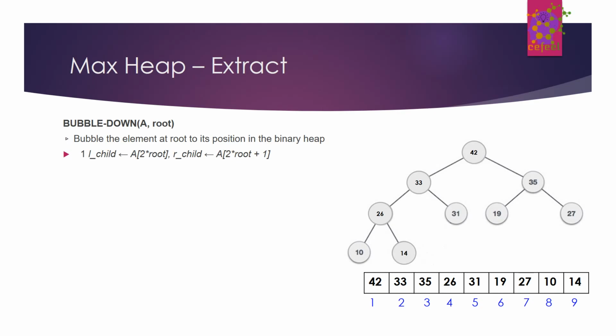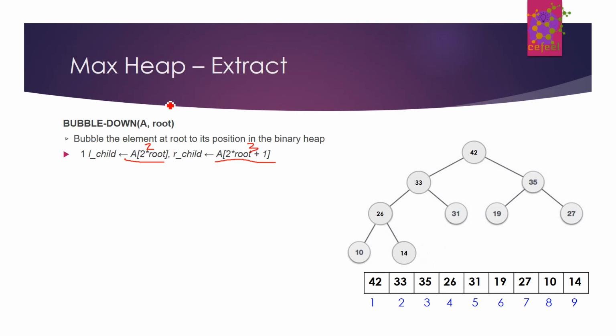So the first step is to get the children of the root. First we have L child, the left child, which is located at 2 star root. Now this is based on the pattern and formula we devised earlier, and the right child is located at 2 times root plus 1. So L child will be 2 star 1, which is 2, and right child will be 2 star root plus 1, which is 3.